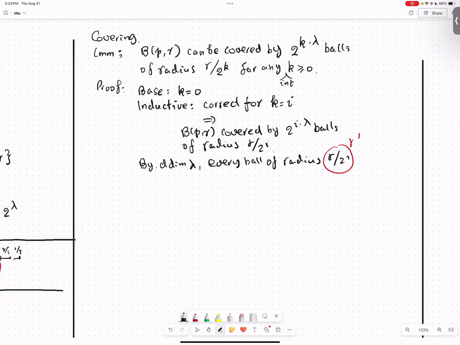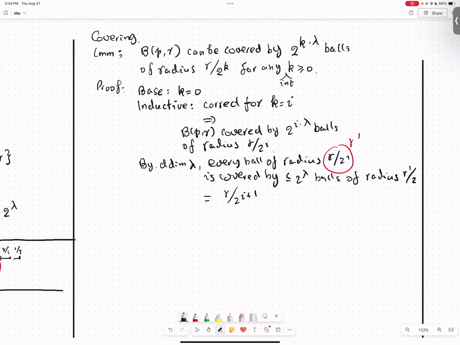Now, as promised by the doubling dimension, every ball is covered by at most 2 to the power of lambda balls of half the radius, r prime over 2. And r prime over 2 is r over 2 to the power of i plus 1. Now you connect the dots. Here, as you can see, the original set is covered by 2 to the power of i times lambda.